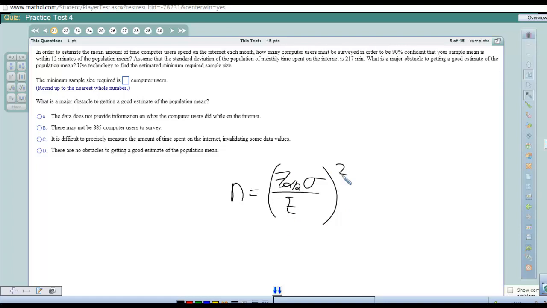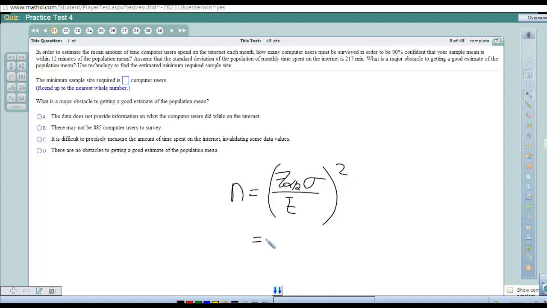So, in order to estimate the mean amount of time computer users spend on the internet each month, how many computer users must be surveyed in order to be 90% confident that your sample mean is within 12 minutes of the population mean? Assume that the standard deviation of the population of monthly time spent on the internet is 217 minutes.